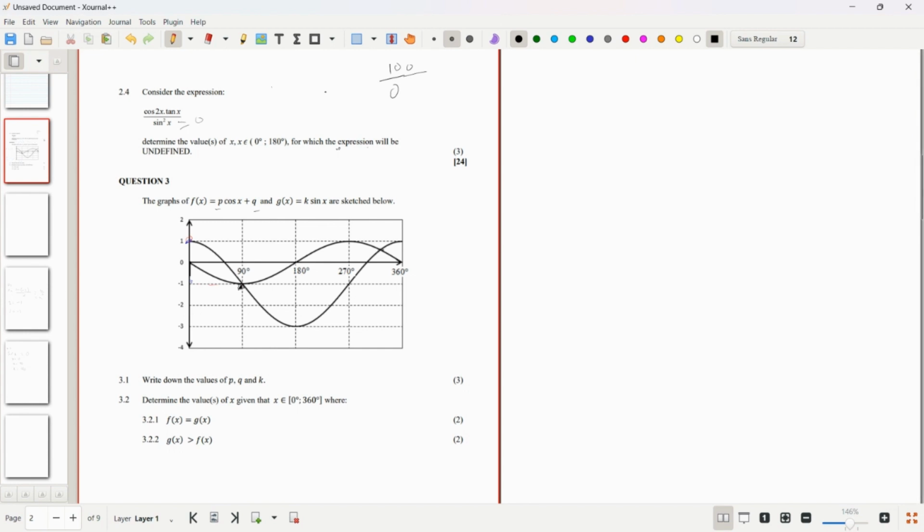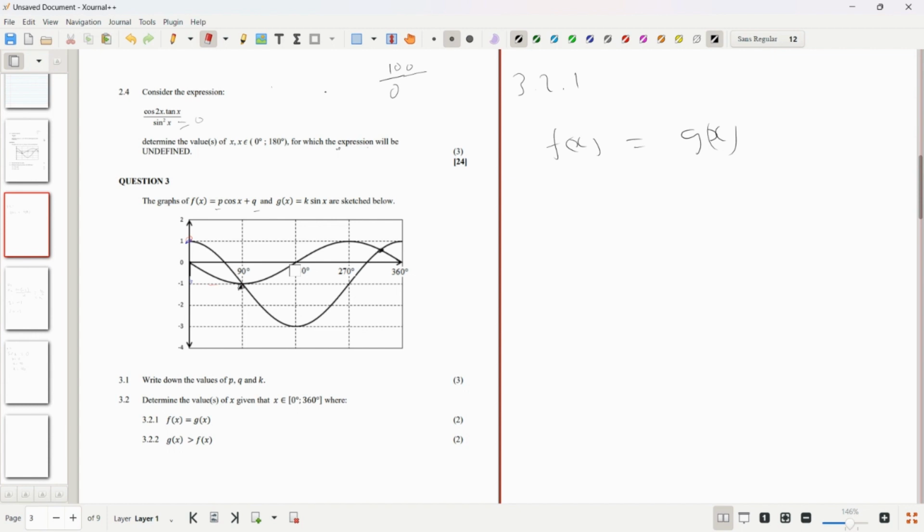So if they ask us to solve 3.2.1 for f of x equals g of x, it means we'll have to equate this equation to this equation.